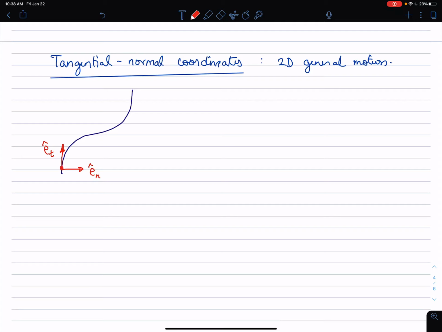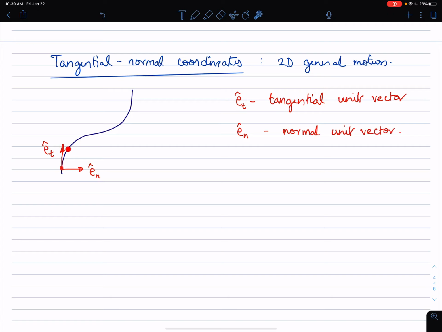And these are both unit vectors, okay? So e_t is the tangential unit vector. e_n is the normal unit vector. Okay. Now, the tangential unit vector is going to be along this way, this way, this way. So it's going to basically be along the tangent to the curve.